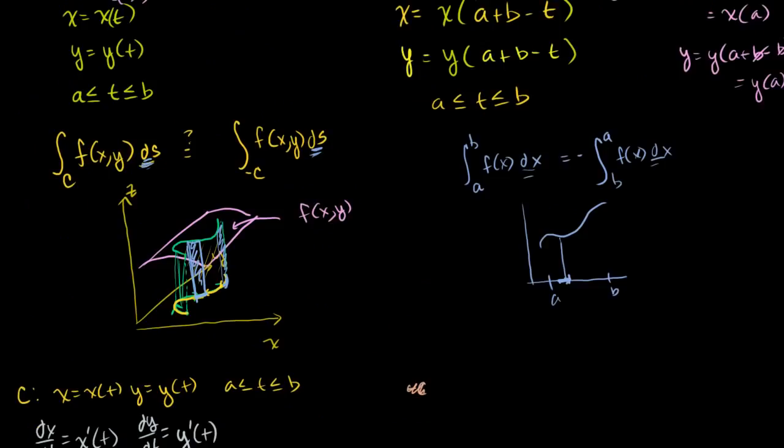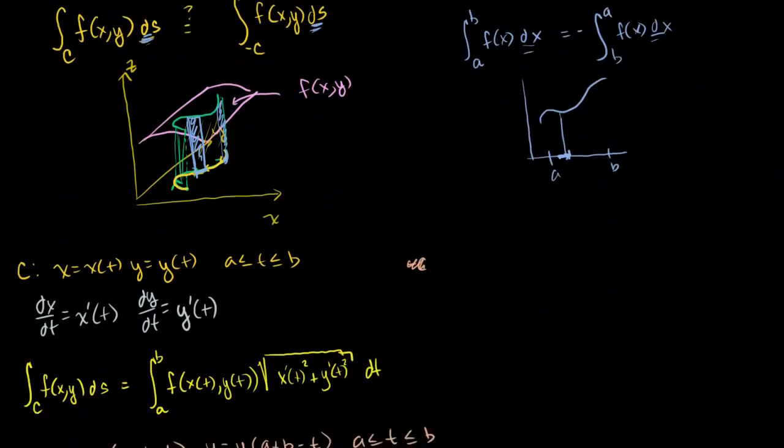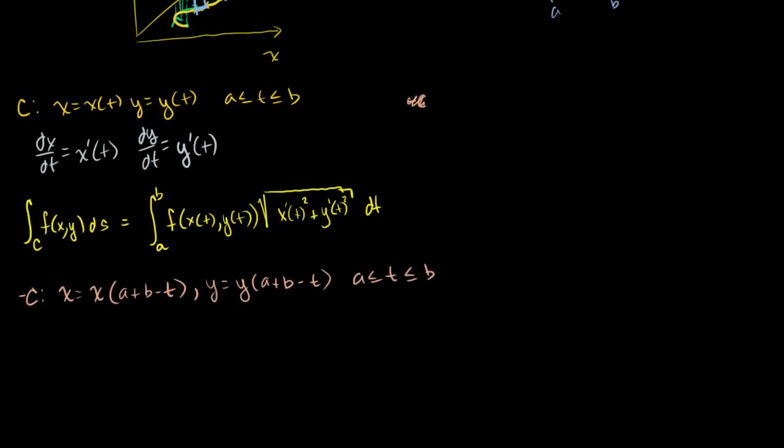And this is just exactly what we did in that last video. x is equal to x of a plus b minus t. y is equal to y of a plus b minus t. Same curve, just going in a different direction as t increases from a to b. But let's get the derivatives. So dx dt for this path is going to be a little different. We have to do the chain rule now.